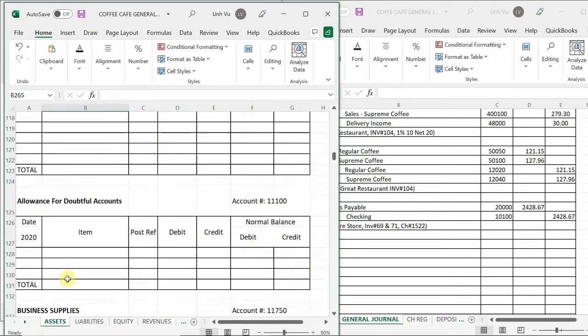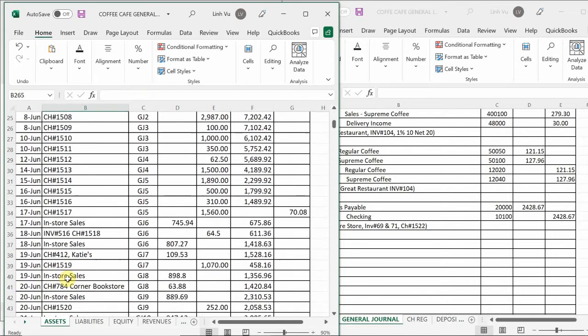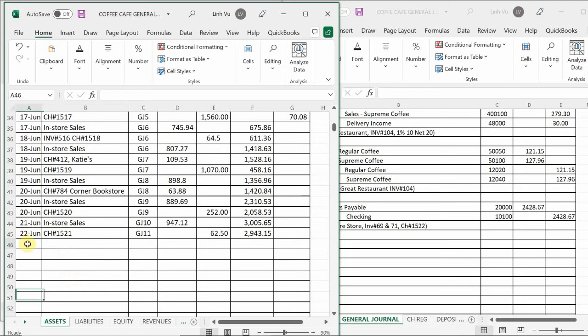And go to your checking account. Right, to credit. So therefore, how much should we have left in our bank? 514.48.